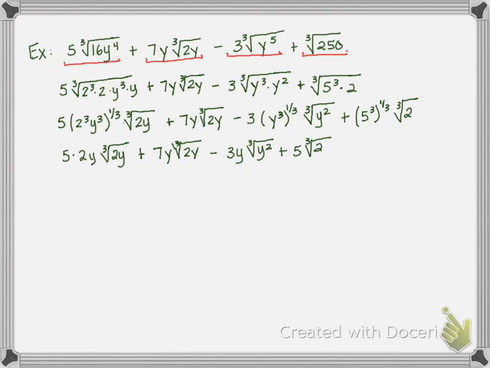So far, so good? Any questions? Definitely ask for clarification if this looks different than what you guys did yesterday. But I think this is how we showed it to you.